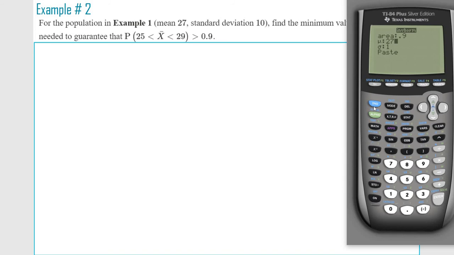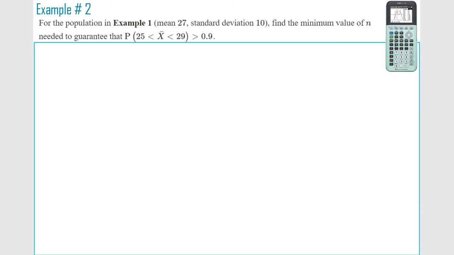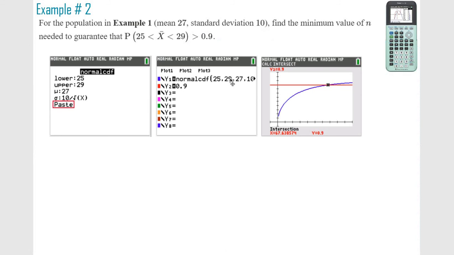So what we're going to do is graph this. Maybe you're a visual person, so I'm going to show you the steps. We're still doing that normal CDF, where lower is 25, upper is 29, the mean, but now the standard deviation has a variable.